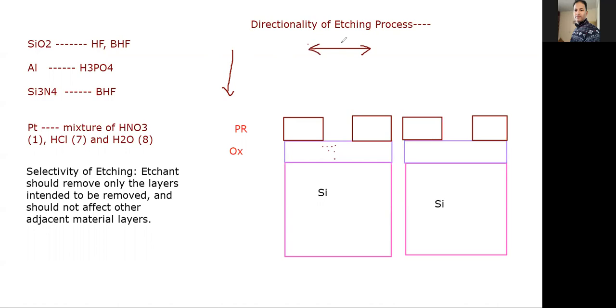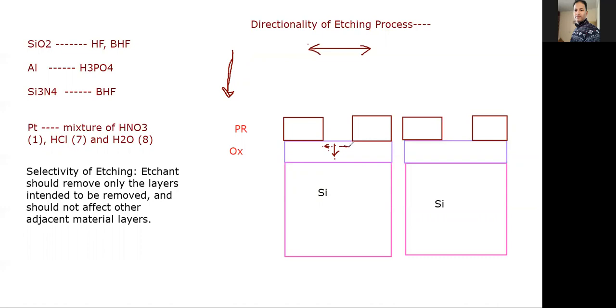So if my etching rate is in the vertical direction, we want it to happen. Let's say this is the first case, and in this your etching is happening in the vertical direction as well as the horizontal direction.